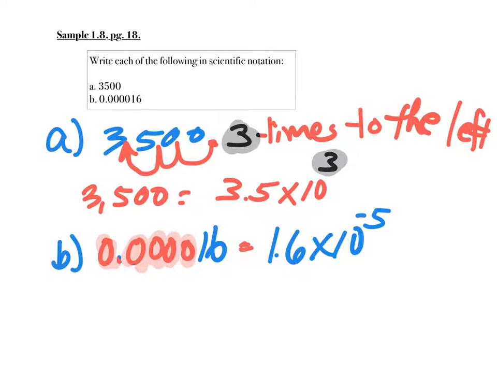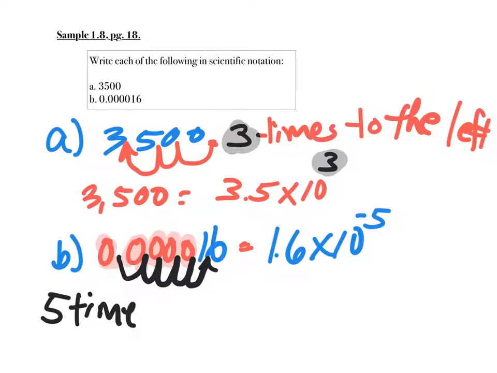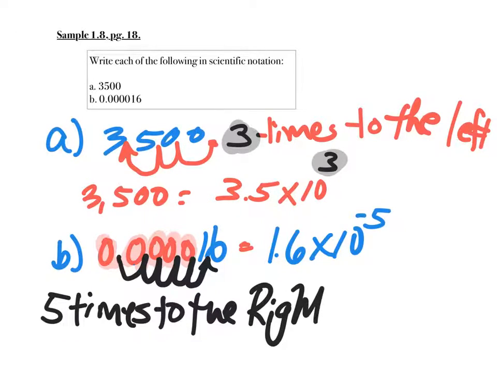Or you could count how many times you have to move the decimal. 1, 2, 3, 4, 5. So it moved 5 times to the right, making the answer 1.6 times 10 to the negative fifth.